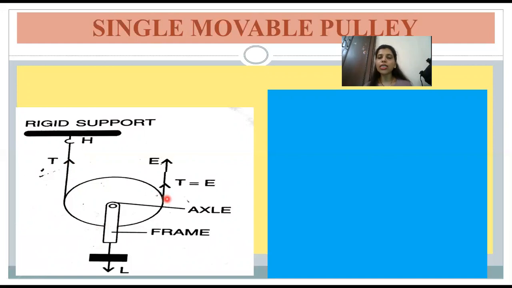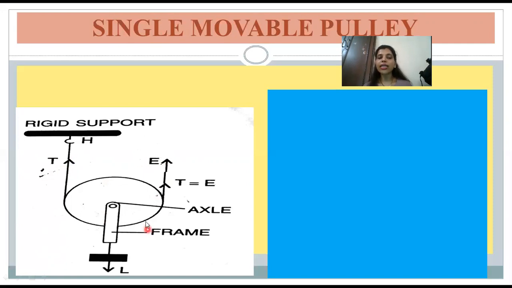Not as in the case of the single fixed pulley, which we have seen, where the load was balanced by the tension in one string and the effort by the tension in the other string. But here, when the load is moving up and down, these two tensions balance it, and the effort is only balanced with this tension, because you are applying effort only in this string. This tension does not matter to this effort.